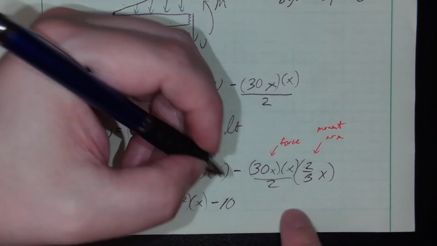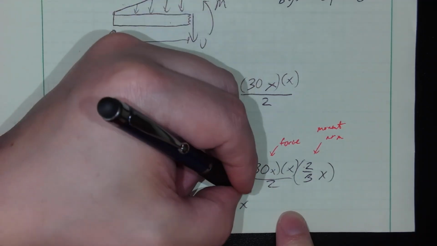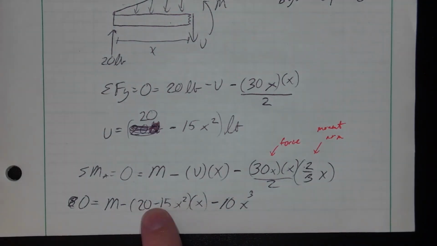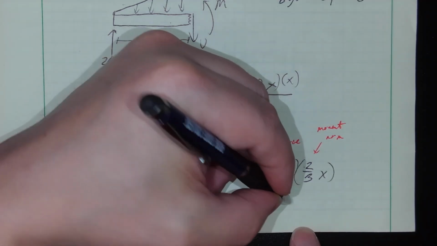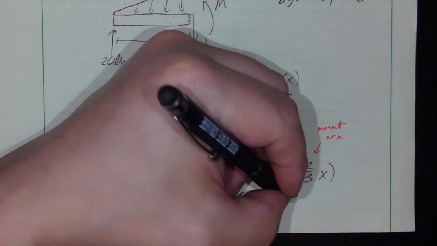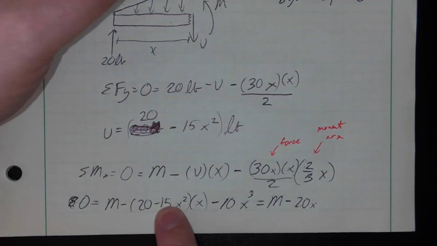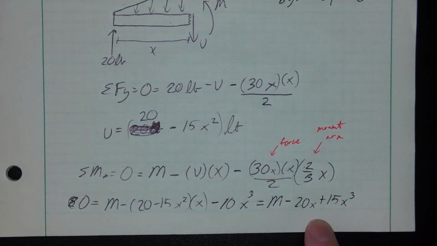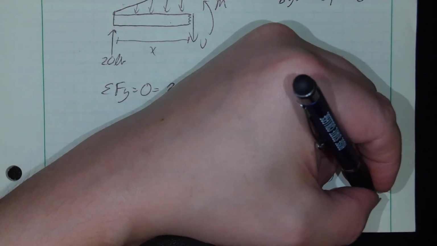So 10x cubed. And I need to distribute this x here. So this is M minus 20x. This is minus 15x cubed. So it's going to be plus 15x cubed. And then minus 10x cubed. Is that right?